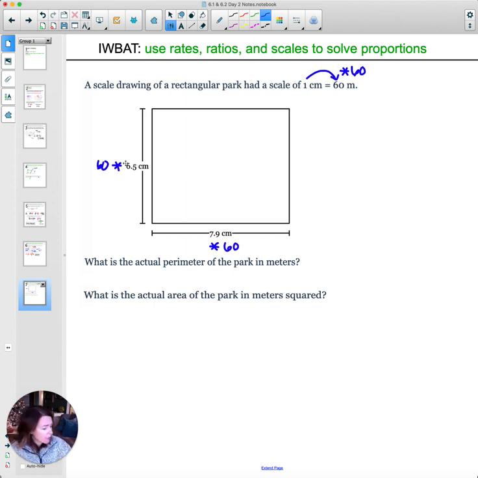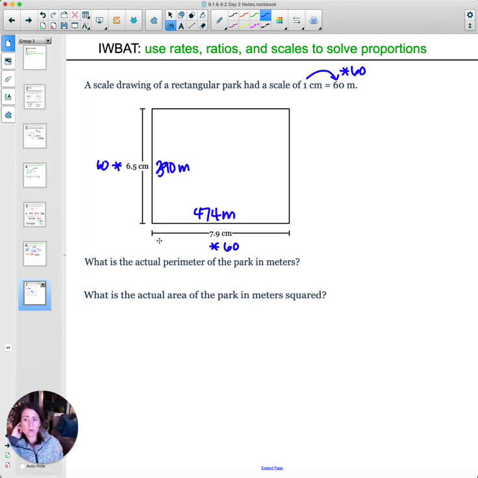So 60 times 6.5 gives us 390 meters for the height of this rectangle, and then 7.9 times 60 gives us 474 meters for the length here.